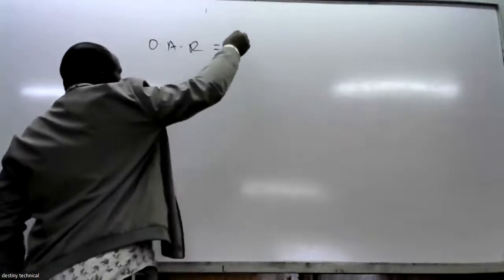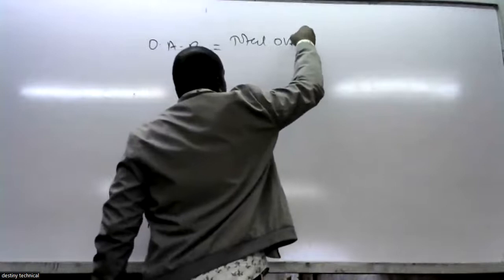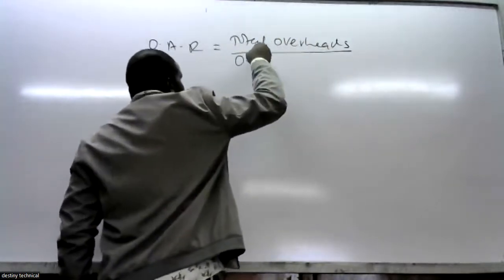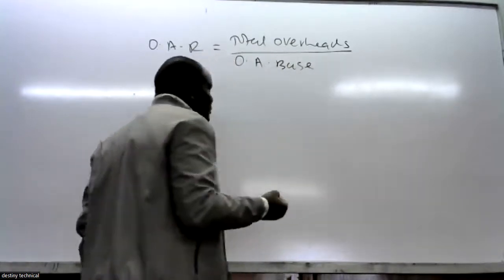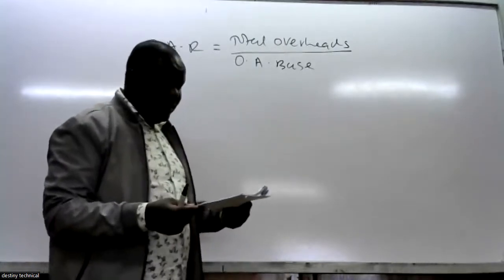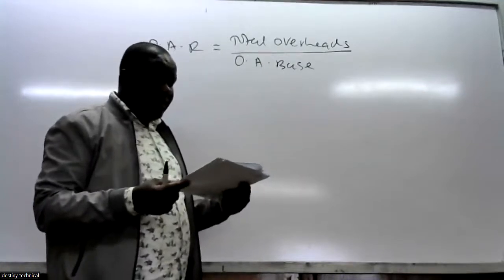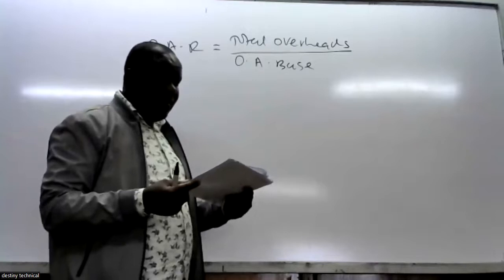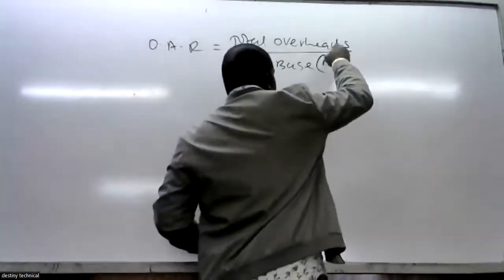The overhead absorption rate is given by the total overheads divided by the overhead absorption base. The base, we check in note number 2: production overheads are absorbed on material cost.